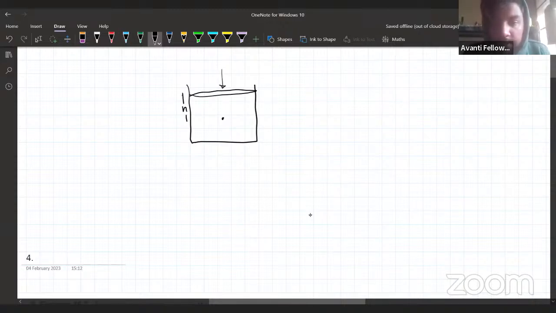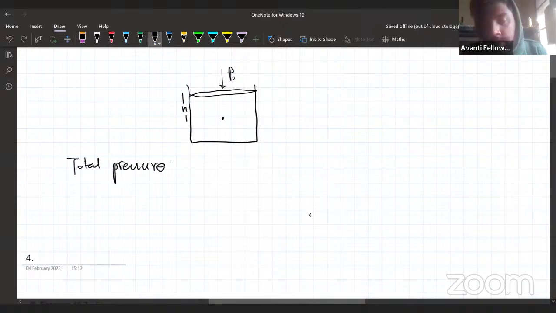Let's say the atmospheric pressure at the top is P naught. So the total pressure is equal to the pressure at the top, which is P naught, plus the pressure due to this much of liquid.